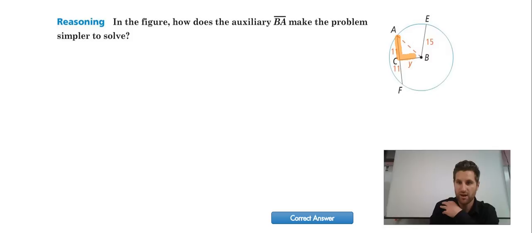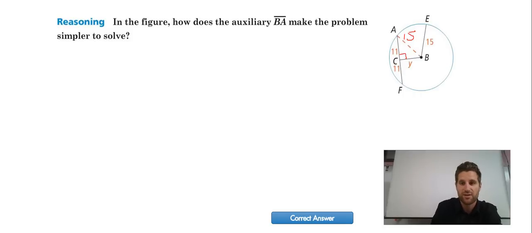Now, we've created a triangle, and since that triangle has 11 on AC and 11 on CF, we know it is a right triangle. And since all radii are congruent, EB and AB are congruent, so they're both 15.